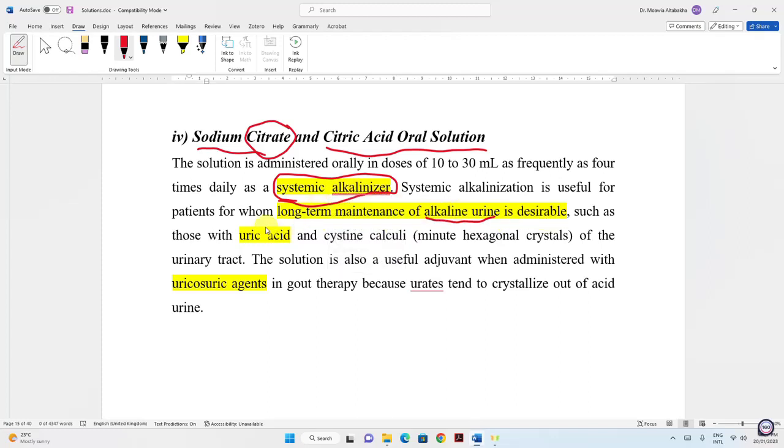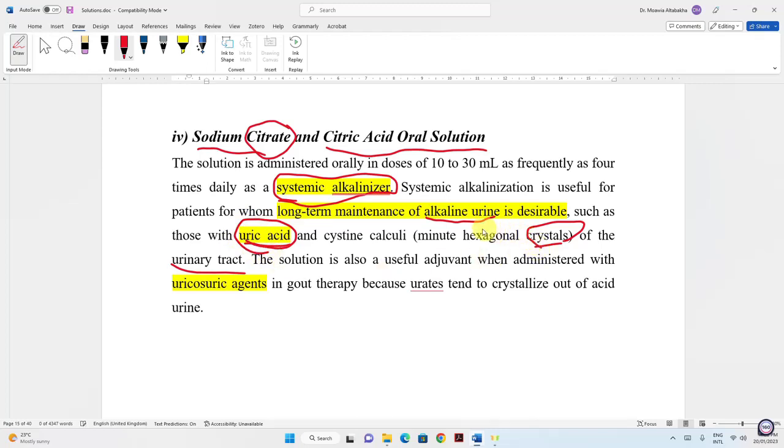It is desirable to have more alkaline urine in certain cases, such as when too much uric acid is causing cystine calculi, or crystals that cause pain in the urinary tract. If the urine is alkaline, it will dissolve these crystals, and they will not form, because these crystals come from uric acid.